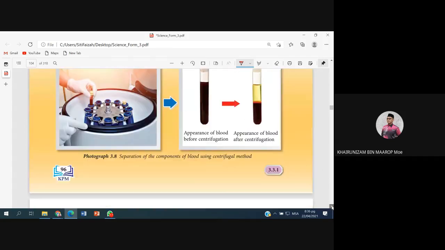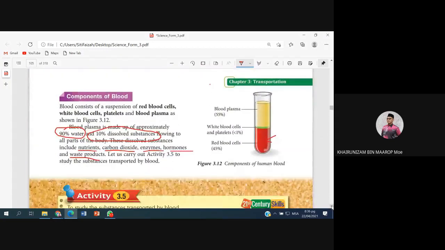Kerana dalam darah itu ada white blood cell. And platelets. Platelet is a cell fragment produced by large cells in the bone marrow. It does not have a nucleus and has an irregular shape. The function of platelets is that they are important in blood clotting.